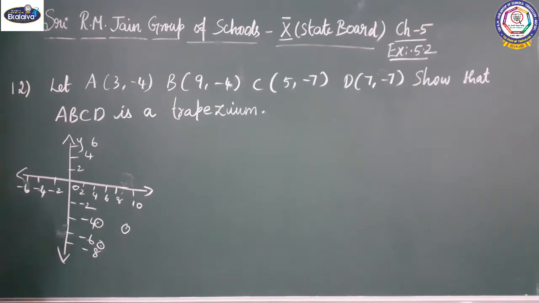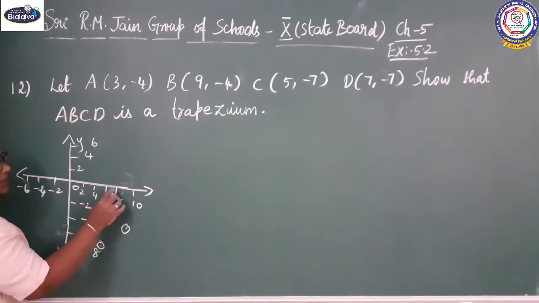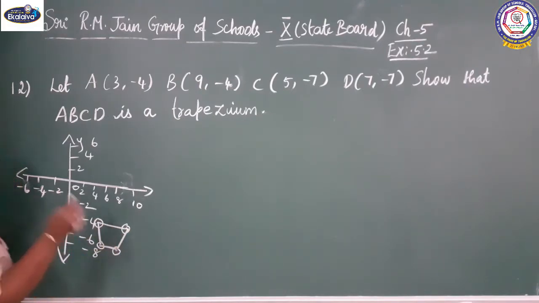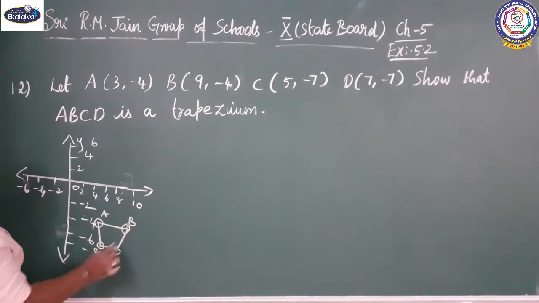Next 7 comma minus 7. So it forms a trapezium. This is A, B, C, D.